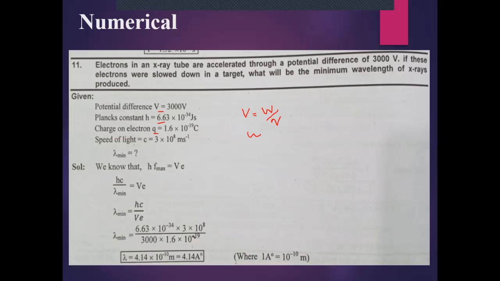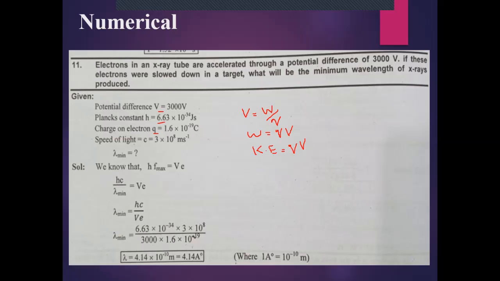So work done will be equal to Q multiplied by V. In this case, the work done will be stored as kinetic energy, so kinetic energy is equal to QV.